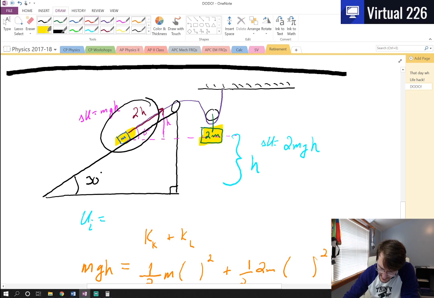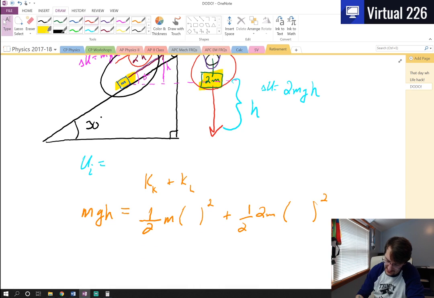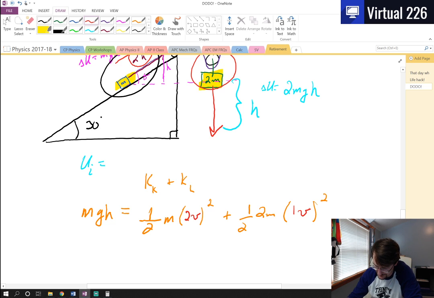If this block L is falling a distance h, that's how far it's moving, it is doing that distance h in the same amount of time that the other block is covering 2h worth of distance. Because of this, I know block K is moving twice as fast as block L. So I am going to say that this is 2 velocity, and this is 1 velocity, okay?